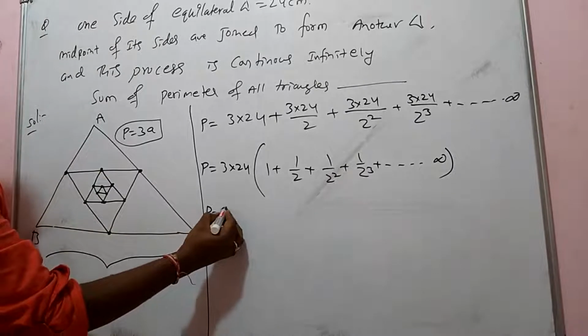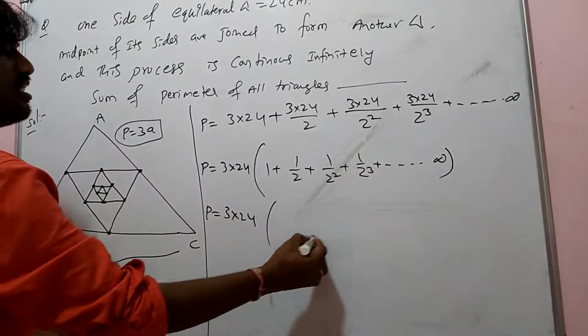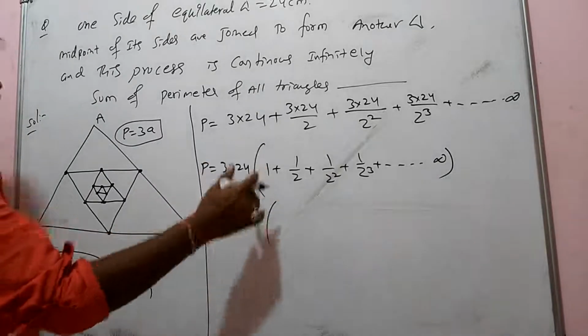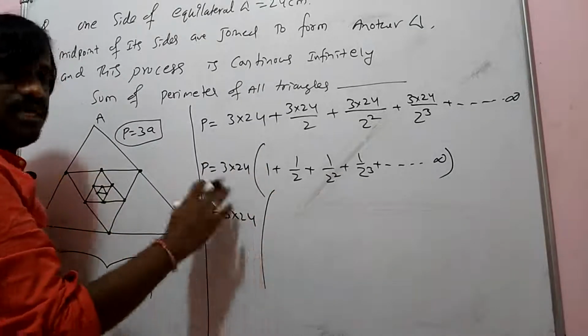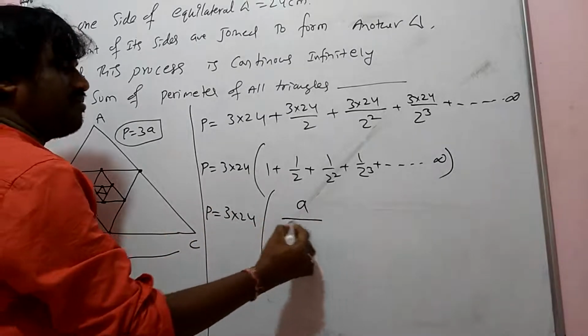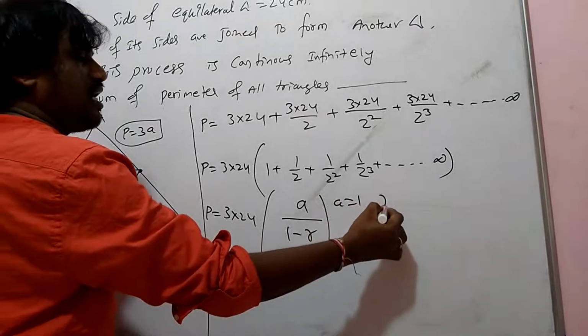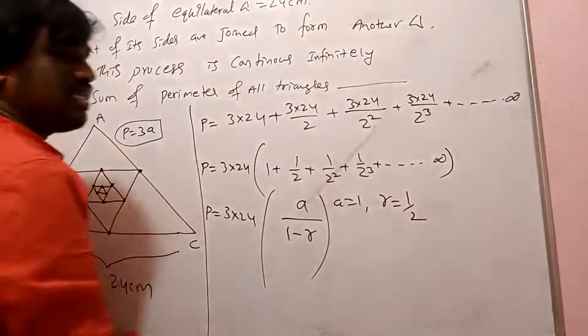The perimeter is equal to 3 into 24 into, I just want to find the infinite sum of this series. This is a GP. The GP formula is a by 1 minus r, everyone knows. Here a is equal to 1 and r is equal to T2 by T1, that is 1 by 2.